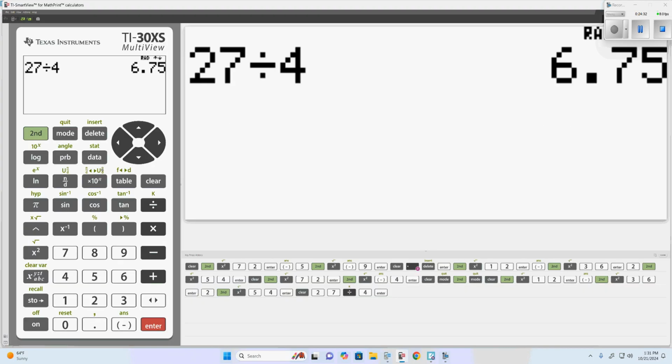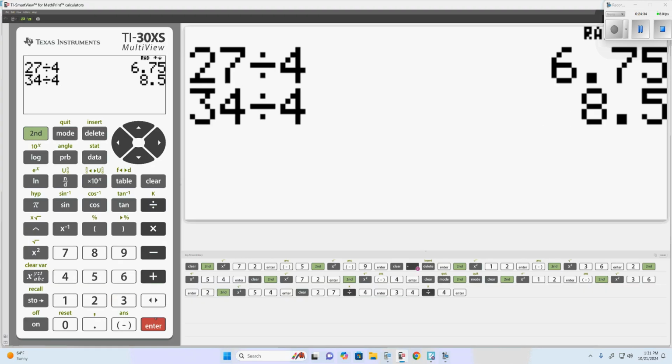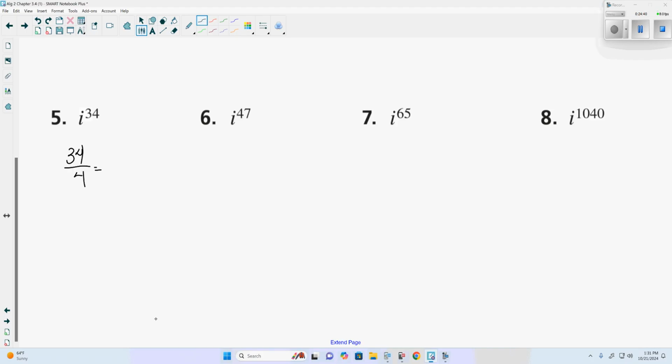Again, 34 divided by 4 is 8.5. So we don't need the 8, but the 0.50 tells us this reduces to negative 1. So our i to the 34th power is the same as negative 1.